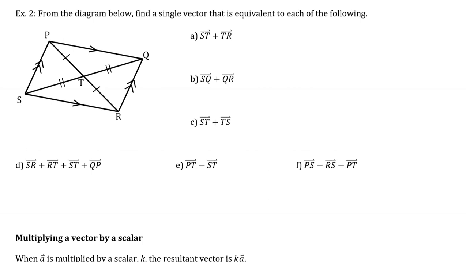Something I haven't talked about yet is that vectors don't exist in a particular position. So before I get into any of these questions, I want to talk about this. Something that is true given this diagram is vector PQ is exactly equal to vector SR.